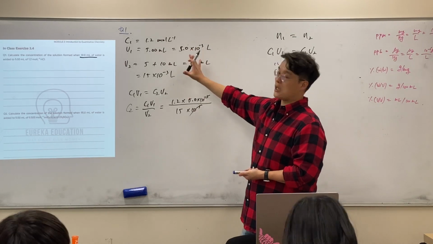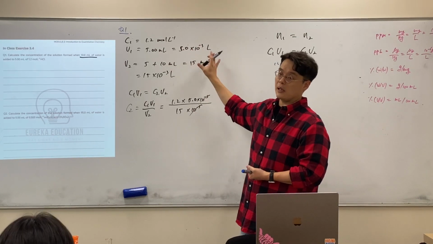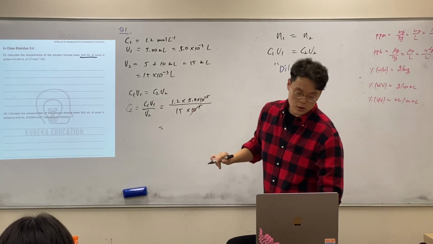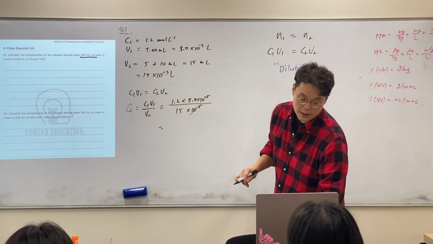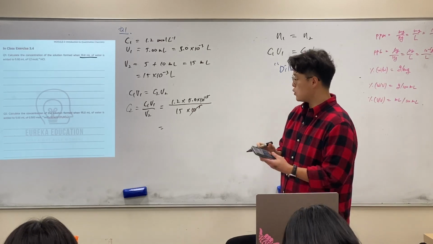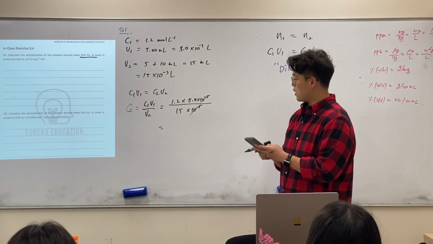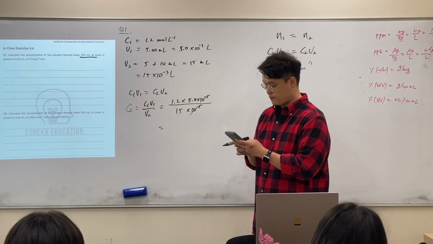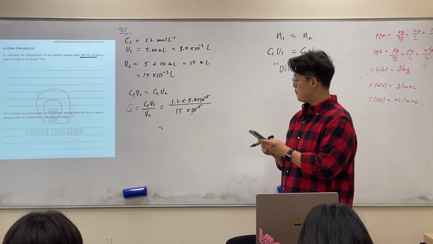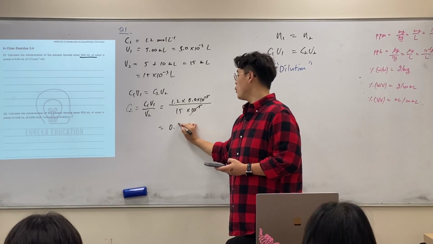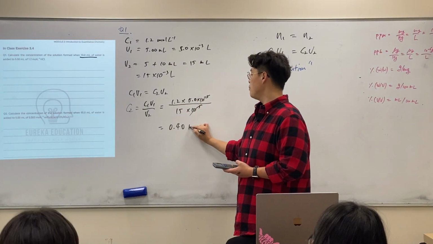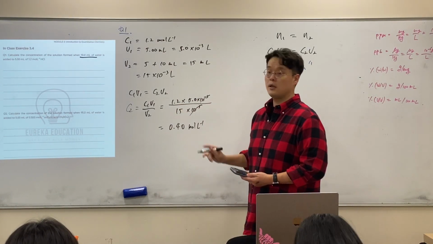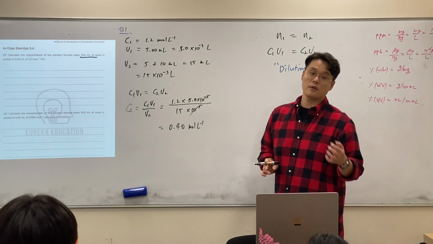You don't really need to change liters to milliliters in that case because of the ratio, but you can; there's nothing wrong with showing it. Then you get 1.2 times 5 divided by 15. You must get 0.4 mole per liter, given 2 significant figures.